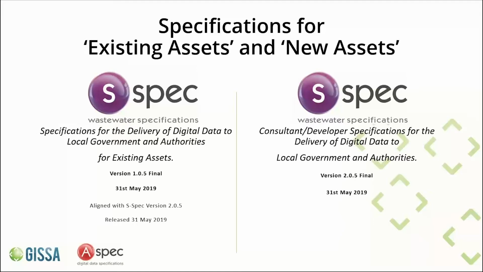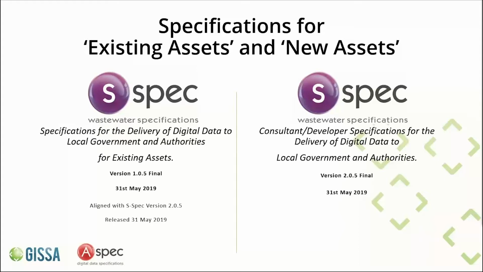Essentially, what you use that one for is if you're doing audits in the field, retrospective data capture, or if you've just started with A-SPEC and you want to see the kind of attributes to collect, then you use these as an opportunity for all of your existing assets.